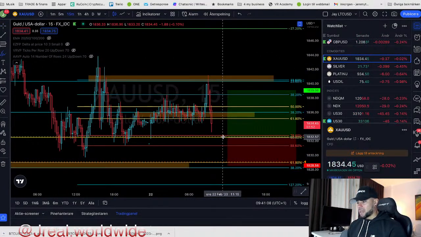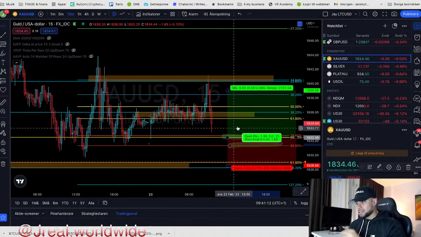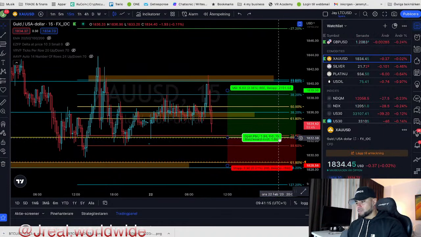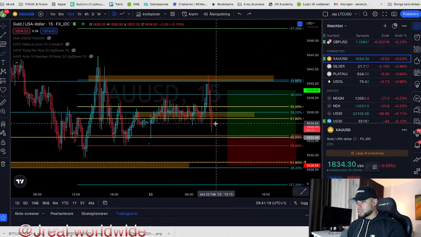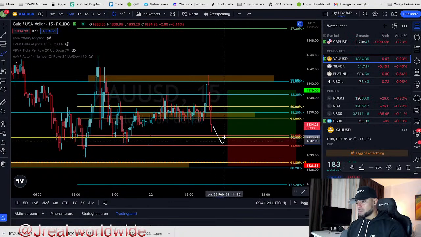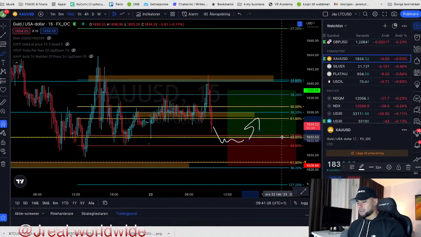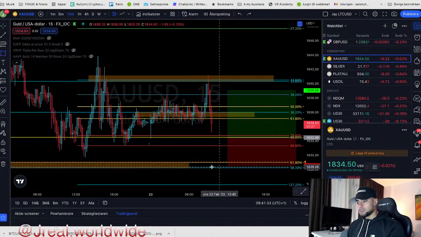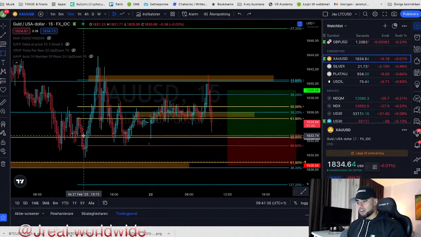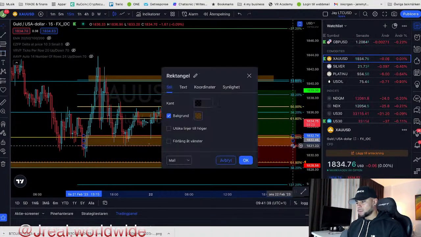We have the demand zone. So we have major demand here. So I would argue that the price of gold needs to come all the way down here, maybe chop around a little bit, and from here we can see a buy. Okay, so what we do is we mark out this zone to keep an eye on it. I'll post it in the Telegram channel, so you guys have it and can watch it.